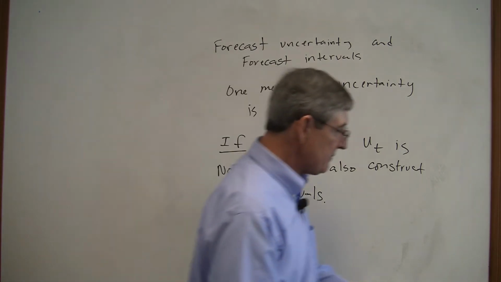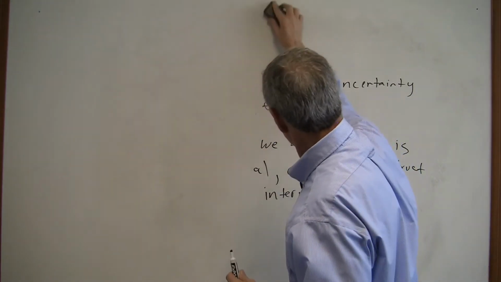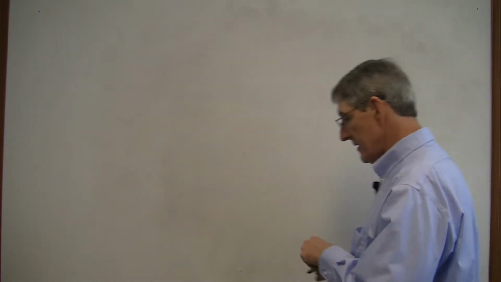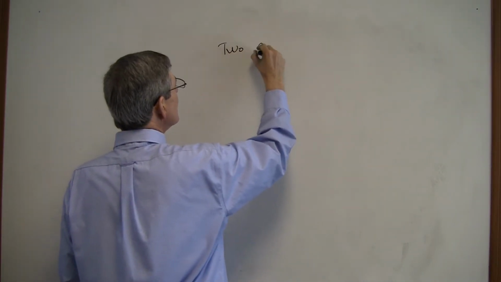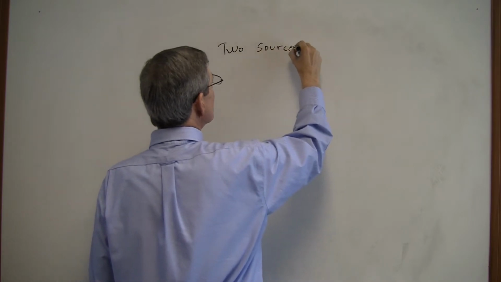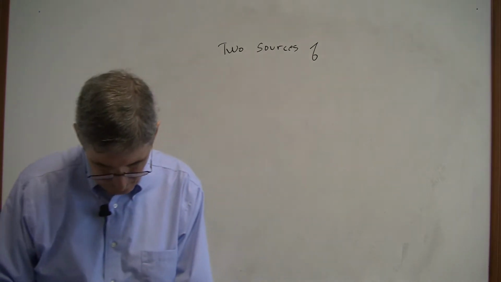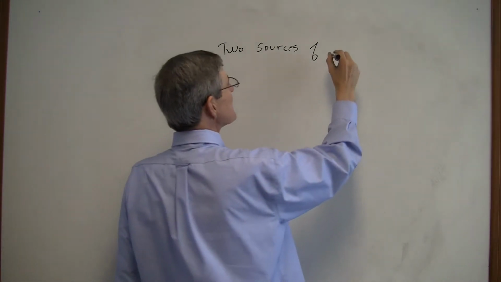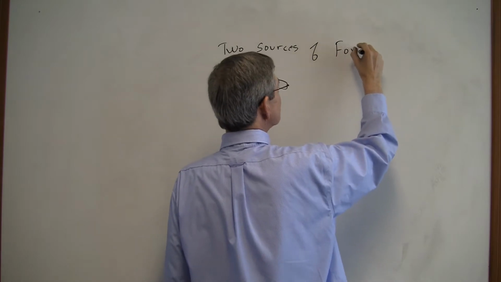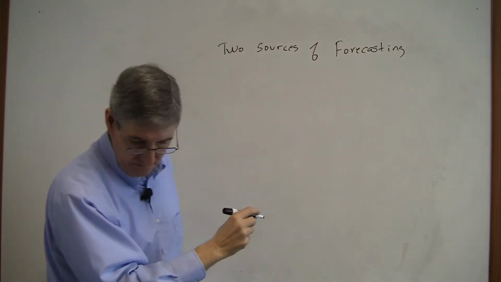So as we've said before, there are two sources of forecasting uncertainty.